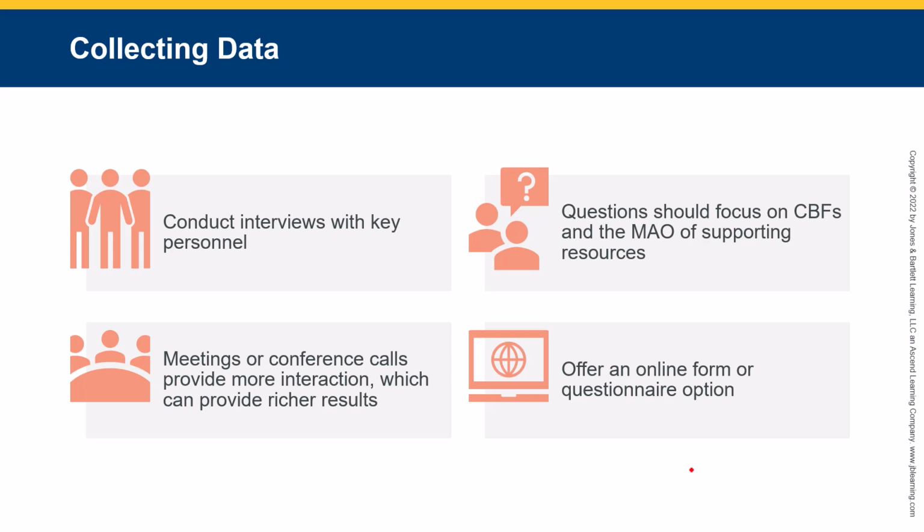First thing we have to do is collect some data. We have to figure out what's going on. So we might conduct interviews with major stakeholders and key personnel. Questions should be focused on the CBF and our MAOs, and then supporting resources. The meetings or conferences should provide more interaction and can often provide richer results.